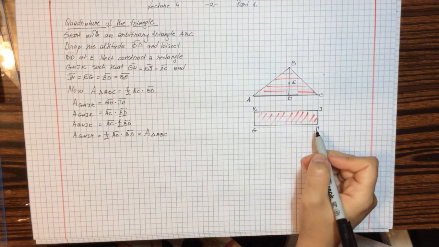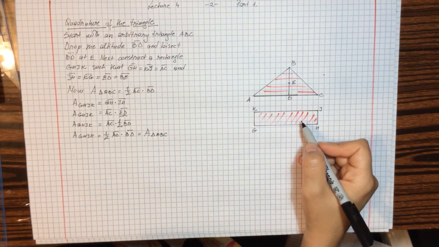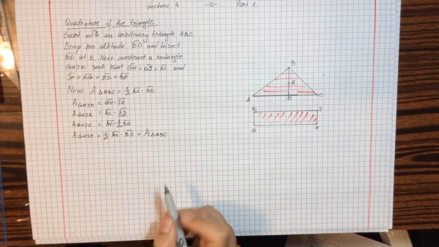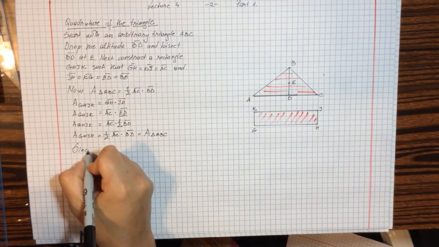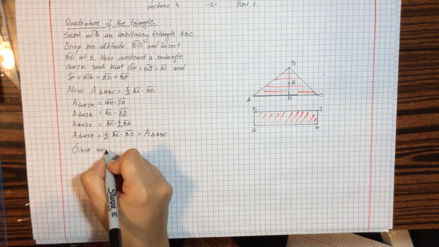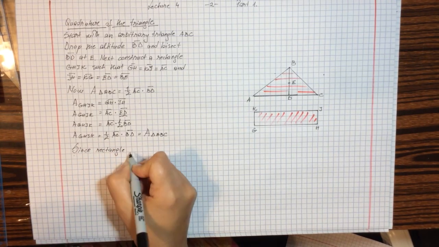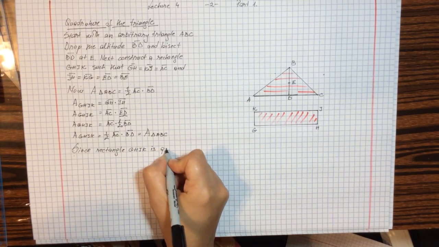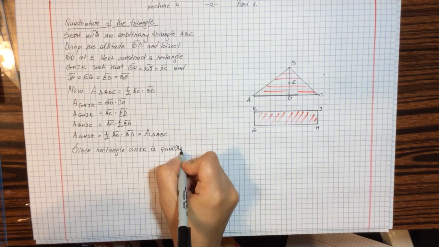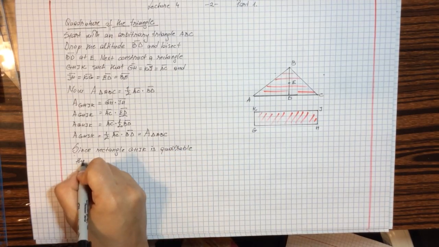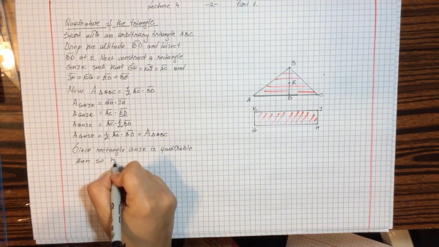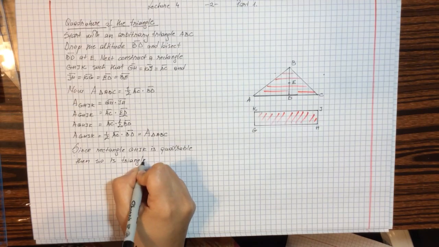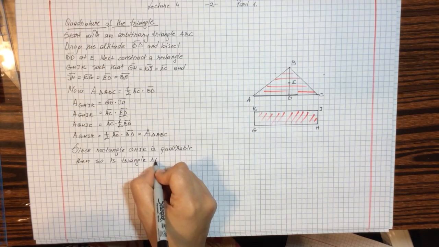Since the rectangle is quadrable and area of this rectangle is equal to area of this arbitrary triangle, then the triangle is also quadrable. Since rectangle GHJK is quadrable, then so is triangle ABC.